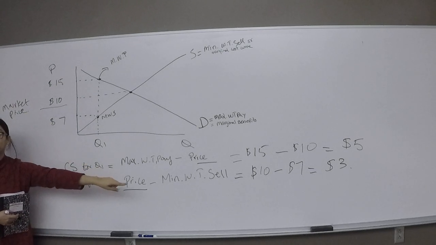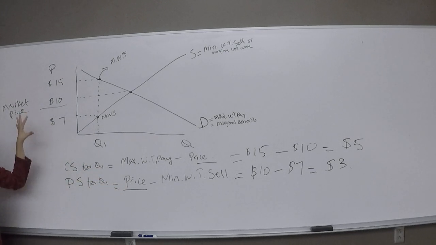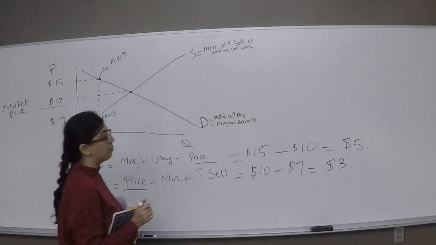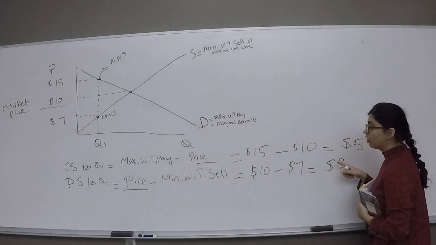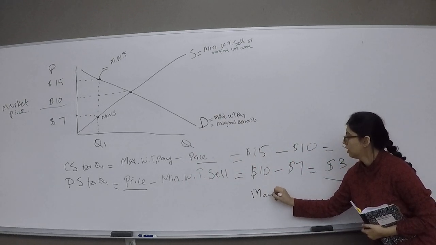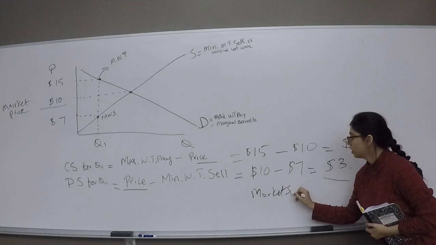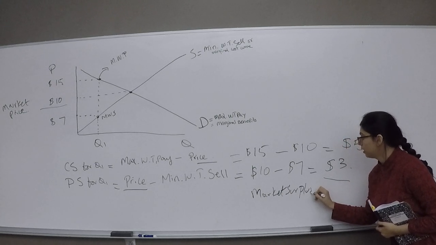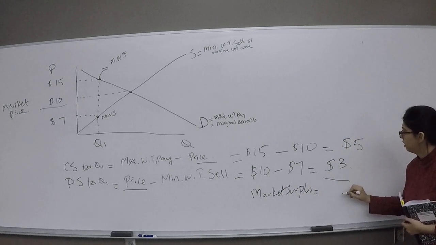There is a market surplus. For the combined market surplus, you add CS and PS. So the total surplus with this transaction is $8.